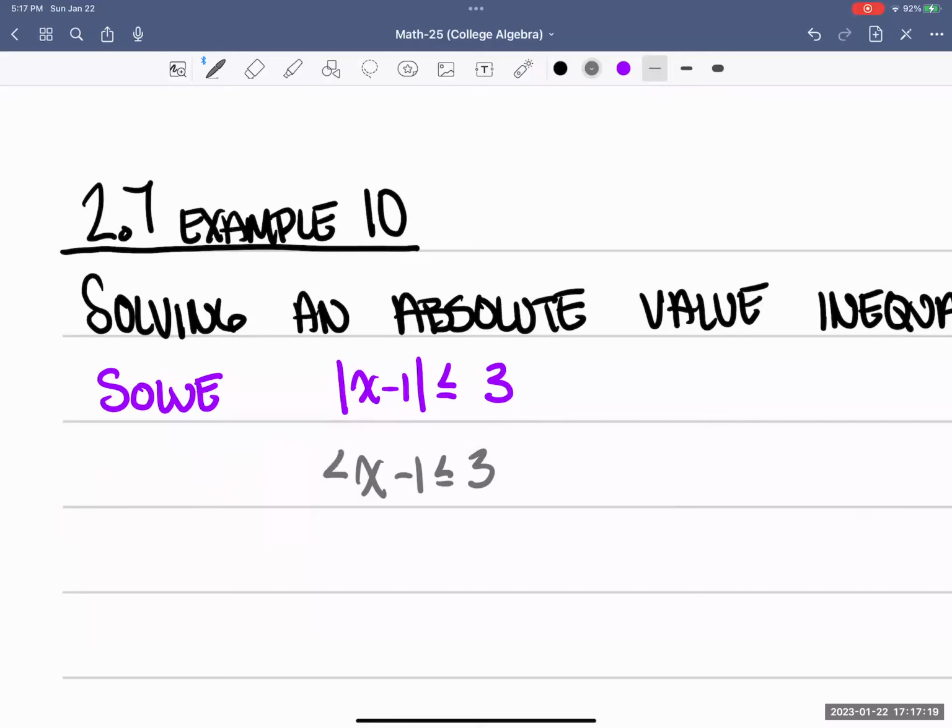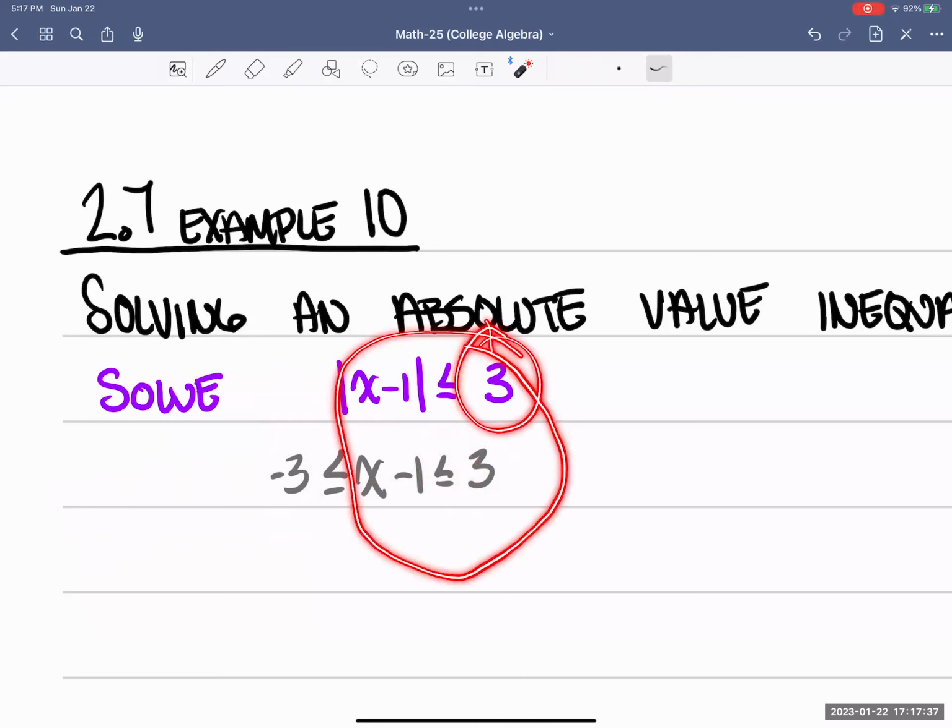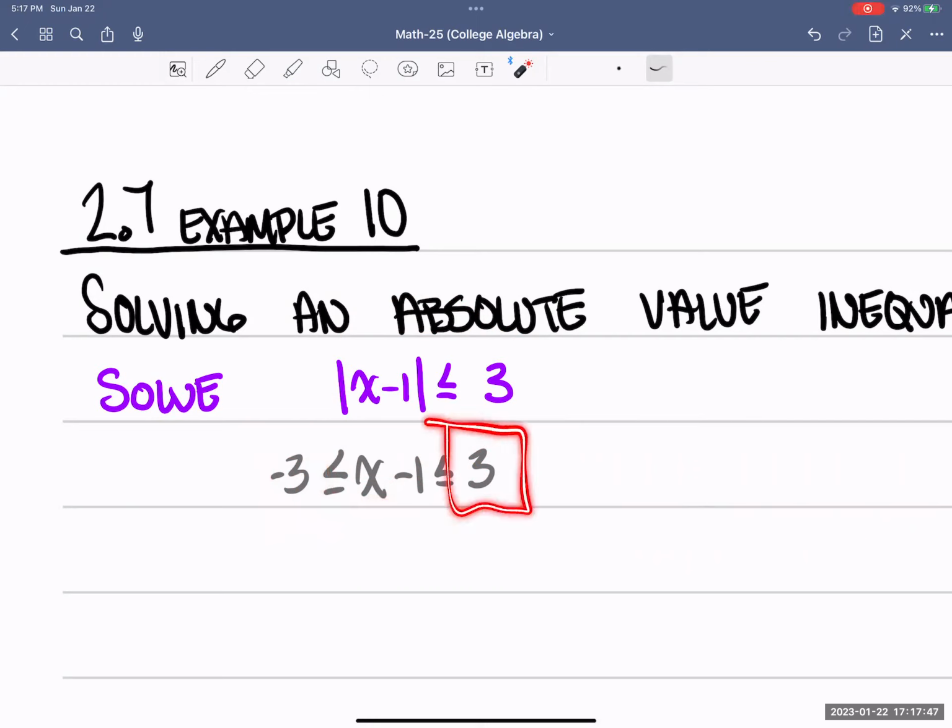We draw this over here, negative 3, just multiplying by negative 1 and adding it to the left side. So negative 3 is less than or equal to x minus 1, less than or equal to 3. We just throw a negative value over here and keep the signs going in the same direction: the smaller value here, continue here, and the larger value over here.